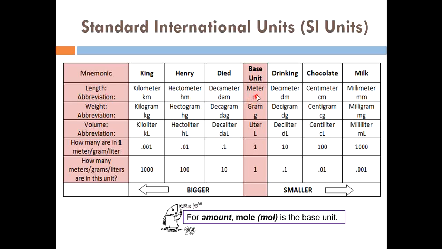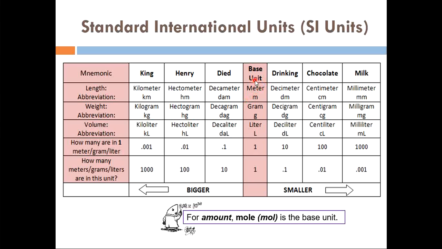We're going to review that very briefly to see if you remember how to move your decimal, but after that, I'm going to teach you how to convert these units using a method called dimensional analysis.